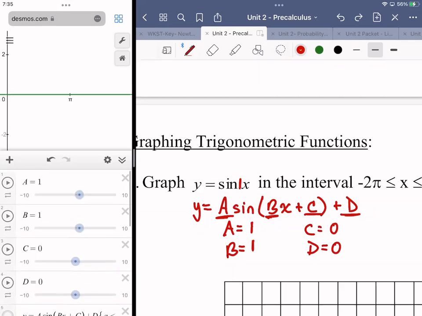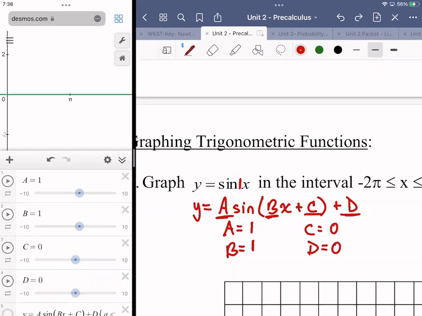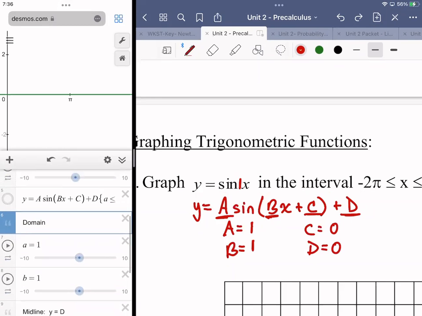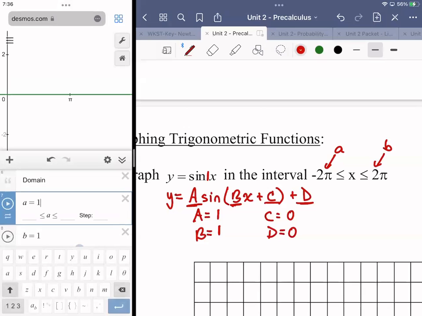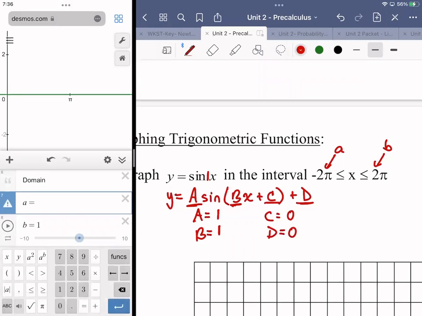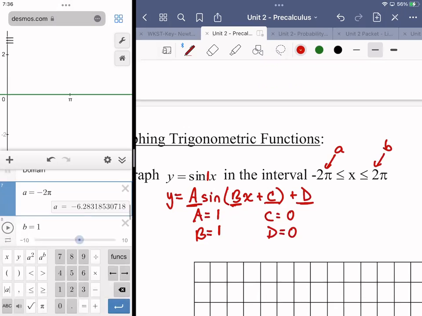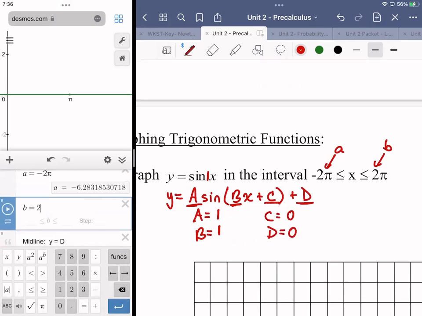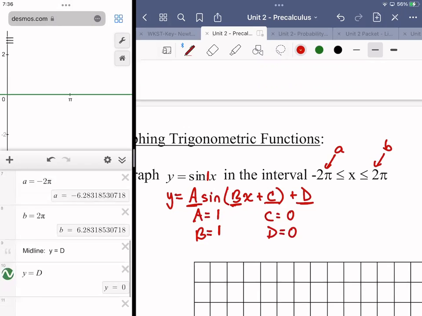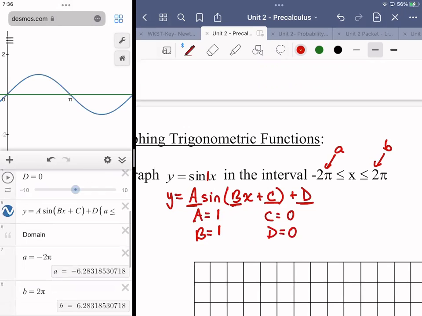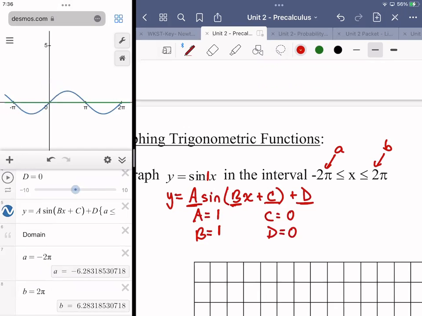So that's what we would do here, which is what we had. Then I would input my domain a to b. Now here, it's a trig function, so I might want to just type it in. So -2 pi to 2 pi. And the benefit of that is the only part of the graph that'll show up is the part that I want.